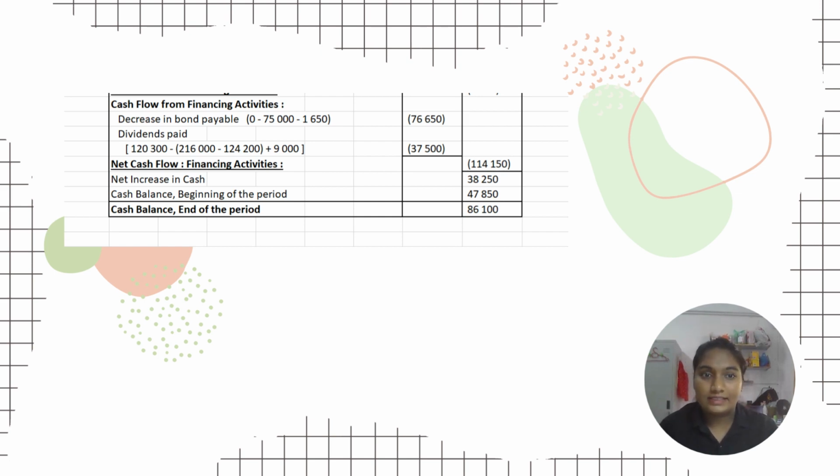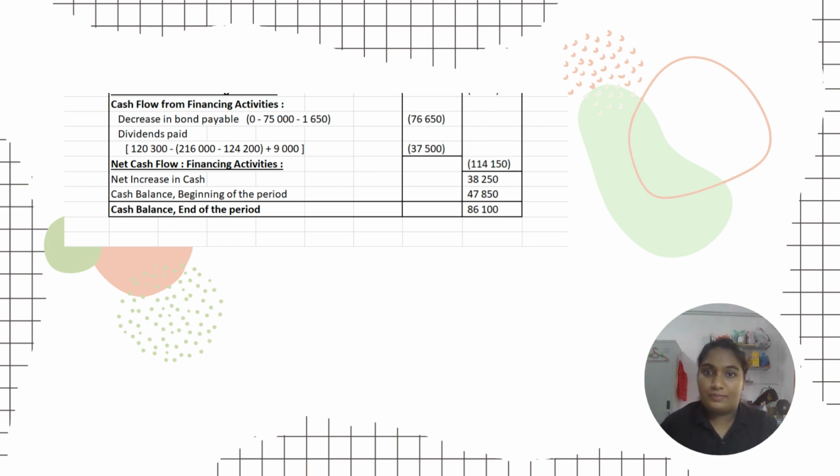We will get 38,250 for the net increase in cash, and we will plus cash balance at the beginning of the period, which is 47,850, and this value we can find from the comparative statement of financial position on the year of 2021.